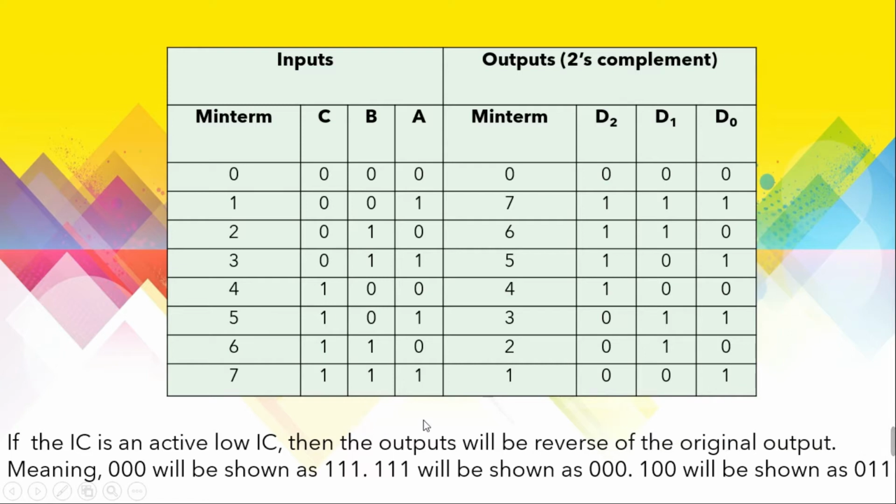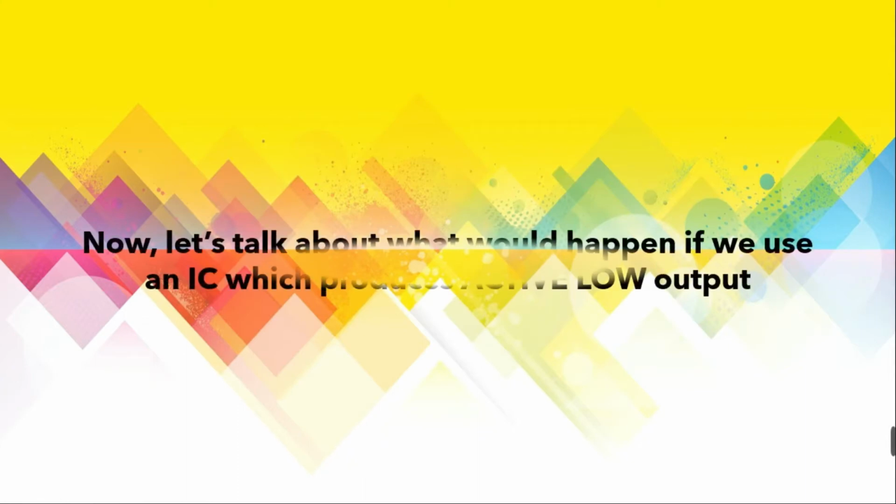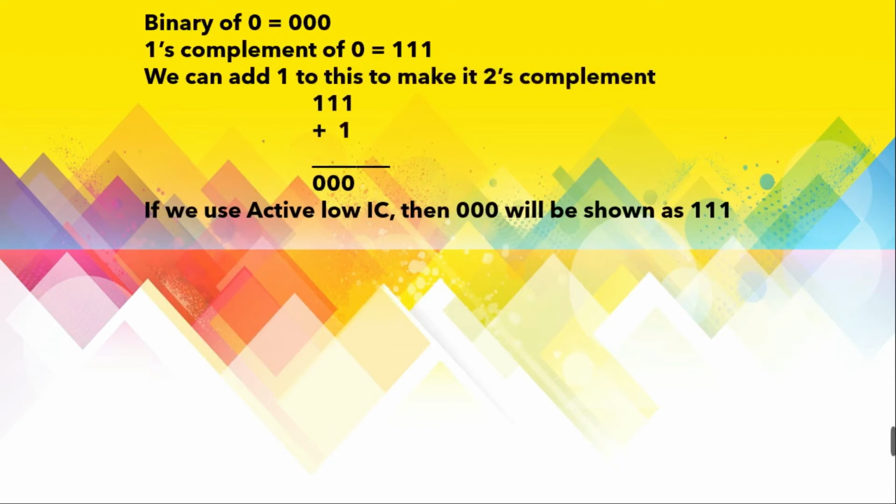We just need to understand the perspective of the active low IC in our experiment, so let me make it more clear. I have already explained that, but let me show you in a more calculative way.